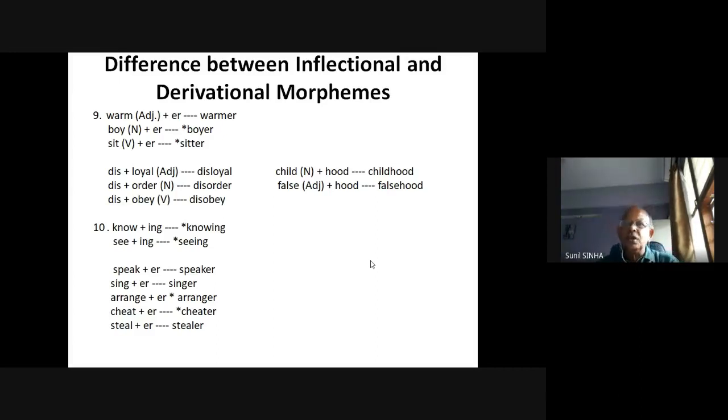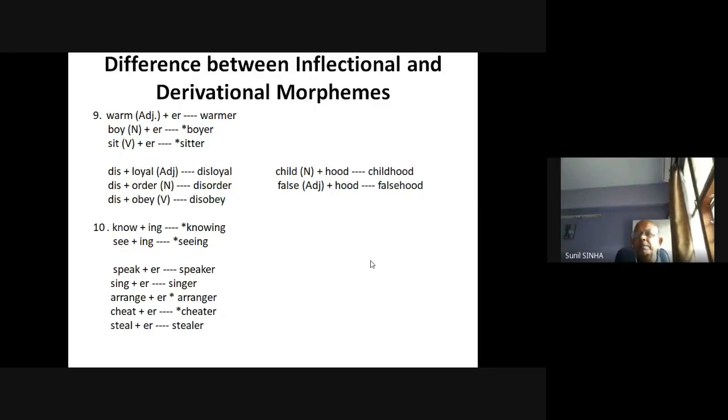So this is also a very important difference, that if an inflectional morpheme can be added to a particular group of words, it can be added to almost all the words of that group, with only a few exceptions. But a derivational morpheme is added to very few words of a particular group.